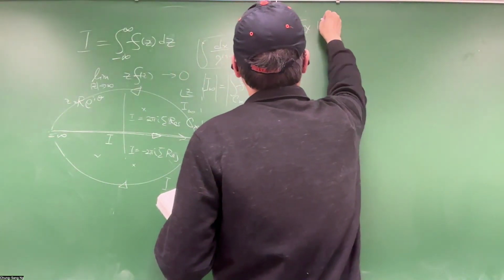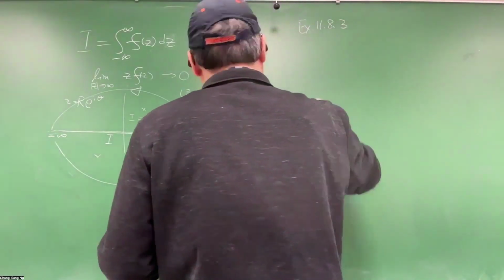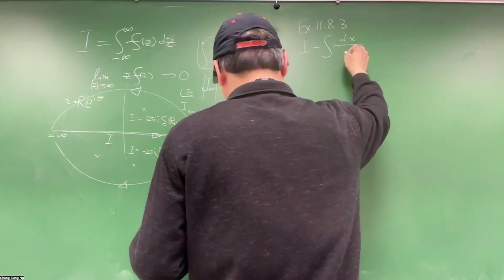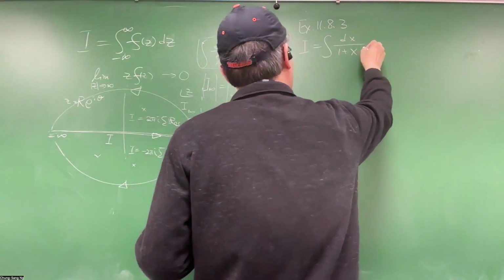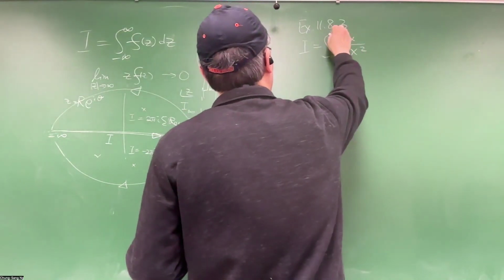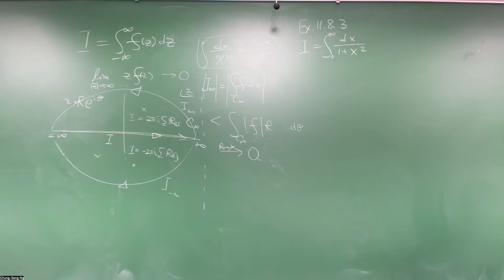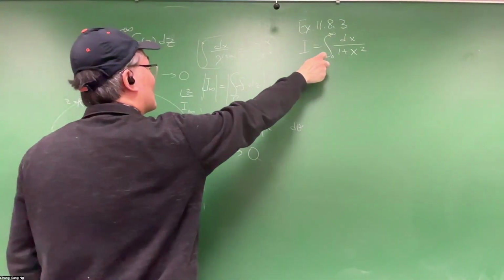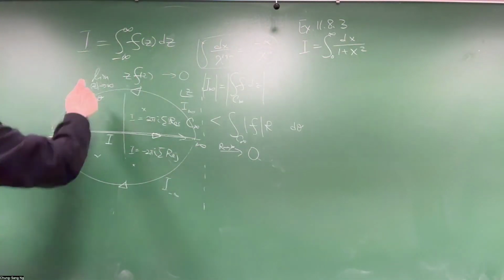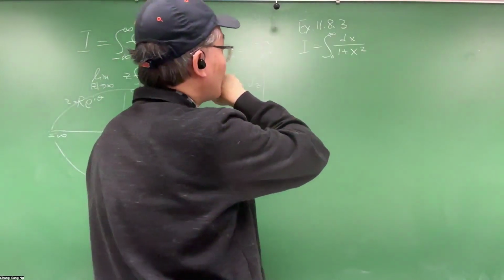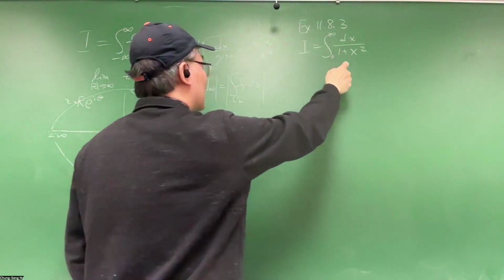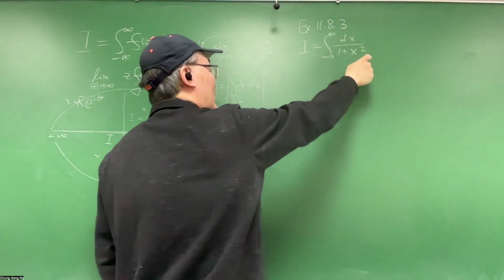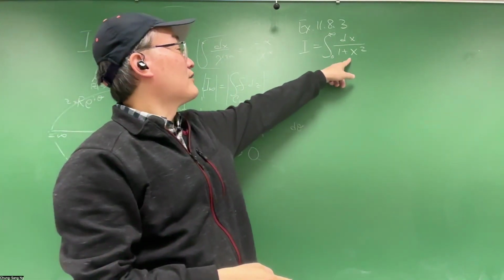The integral of 1 over 1 plus x squared, and the limit is 0 to infinity. First you note that it's not minus infinity to infinity, but we can change this integral to that form by looking at the integrand, which is an even function.